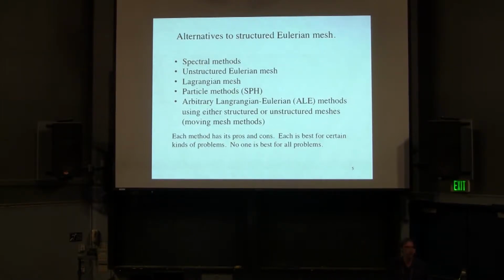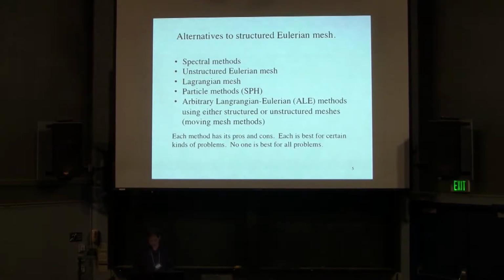Treating shocks and discontinuities produces Gibbs ringing phenomena, so they're not very useful for compressible flows. And so those tests I showed you yesterday of blast waves are very, very difficult to do with a spectral method. I've mentioned some of the advantages and disadvantages of all these other methods. So the point is that no one method is good for everything. This fixed structured mesh we use for Athena is good for some problems, but by no means is it best for all problems, and other methods might be much better.